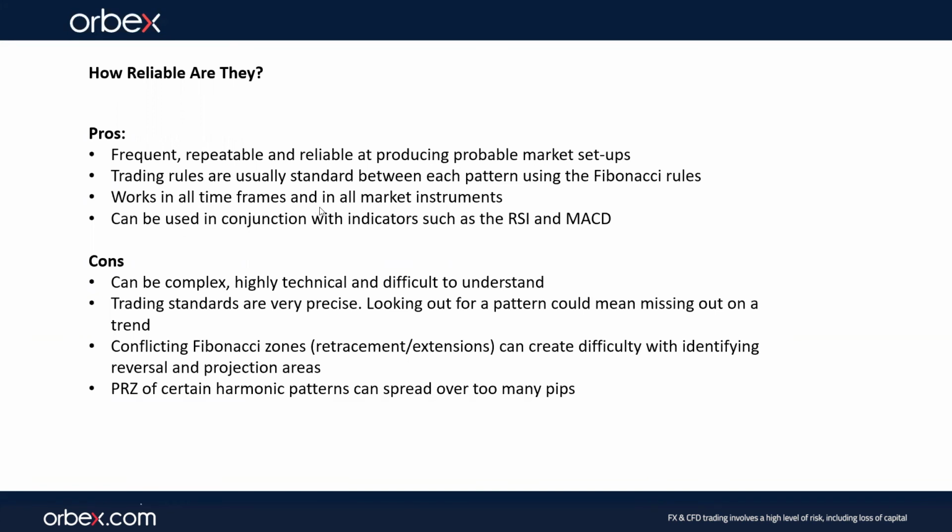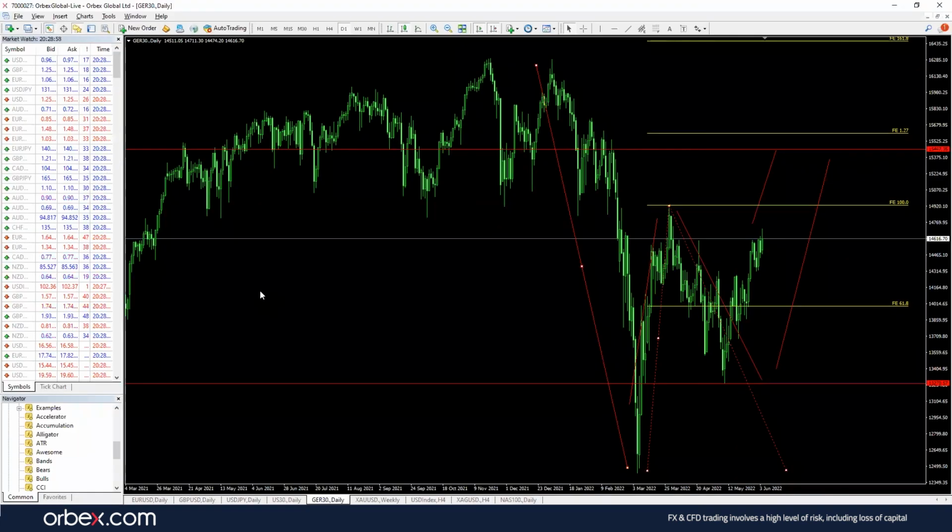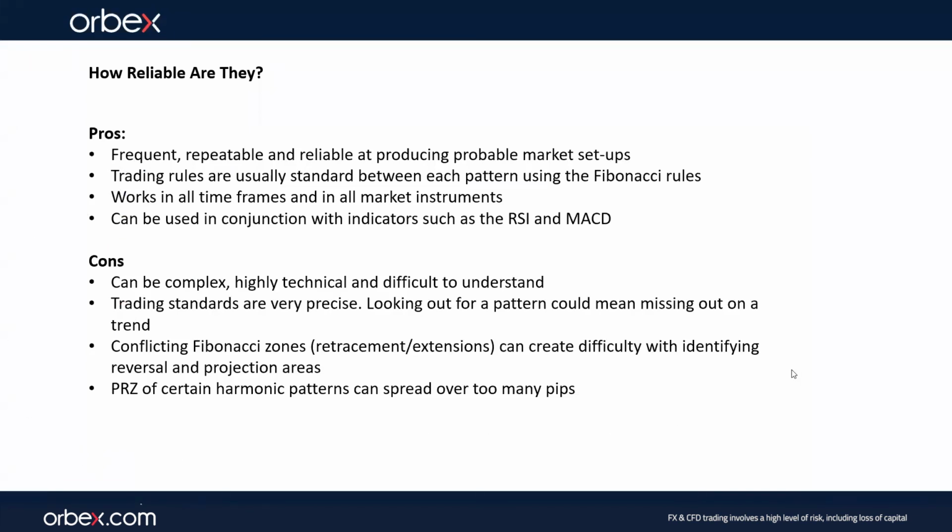Works in all time frames and in all market instruments, and can be used in conjunction with indicators such as the RSI and the MACD. This is important because it does usually work in all time frames. The example that I gave you recently was from a daily chart, but it can also be used in intraday as well. However, let's look at the cons now.